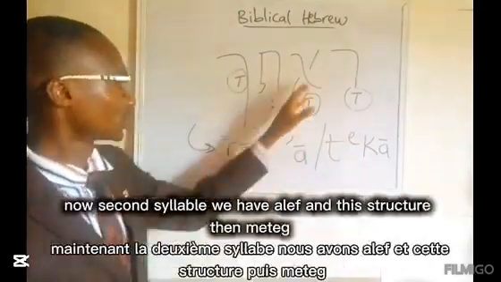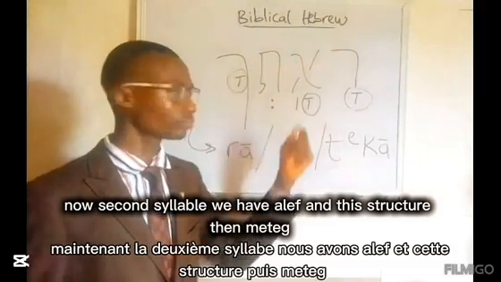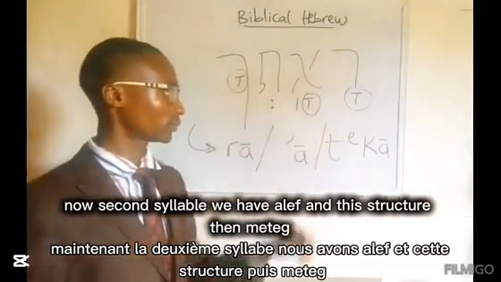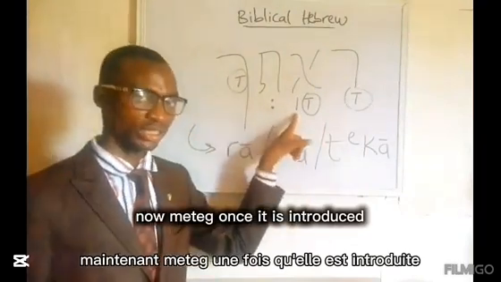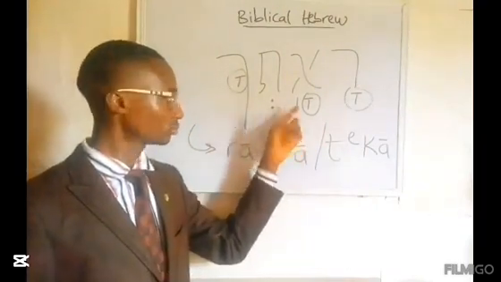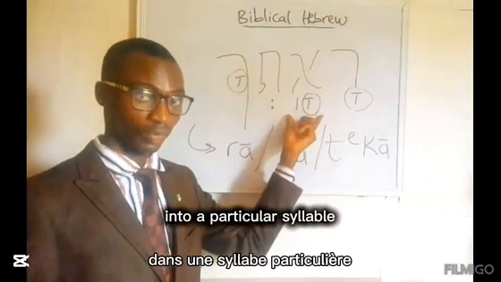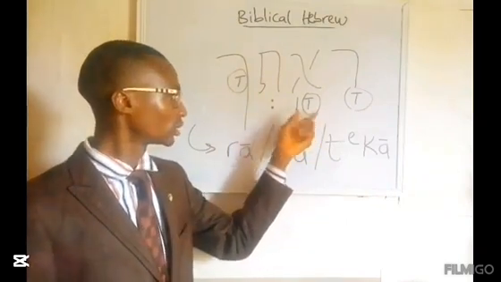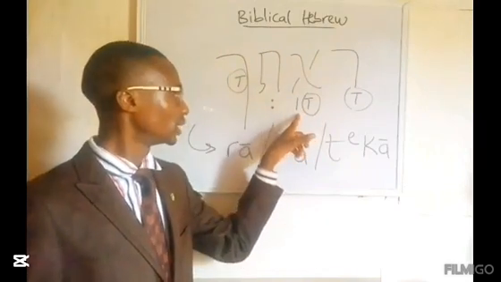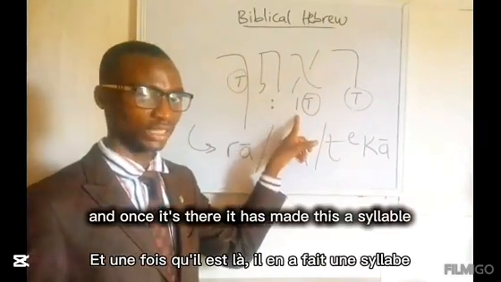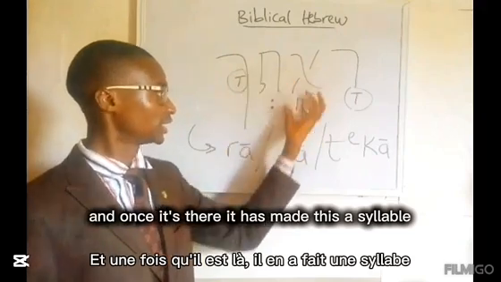Alright. Now the second syllable, we have Aleph and the structure, then Meteg. Now Meteg, once it is introduced into a particular syllable, is a pause rather, and once it's there, it has made this a syllable.